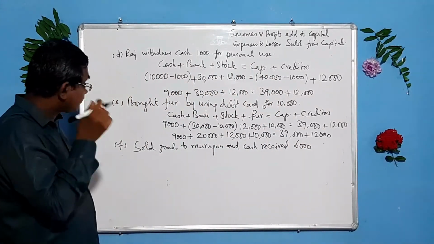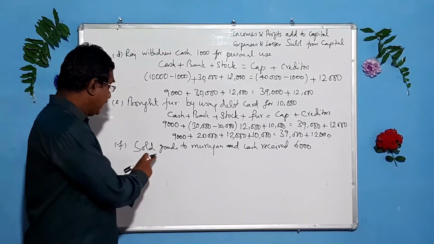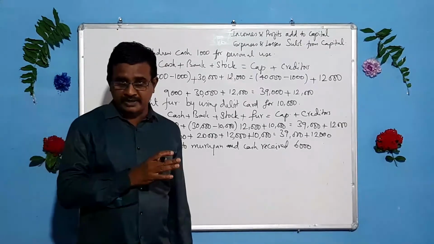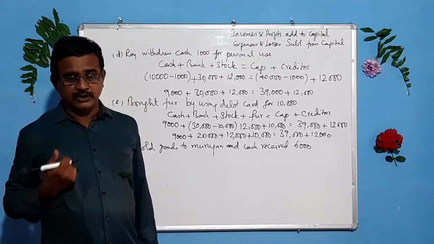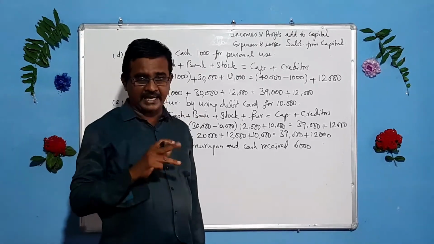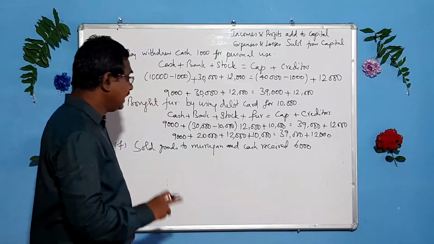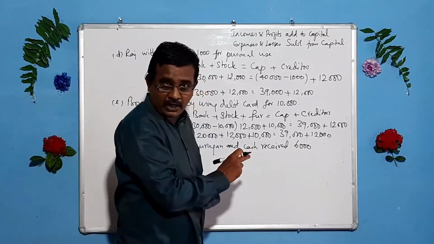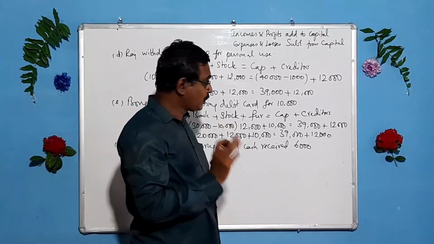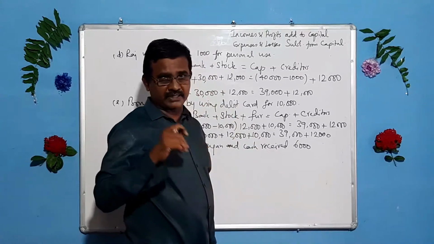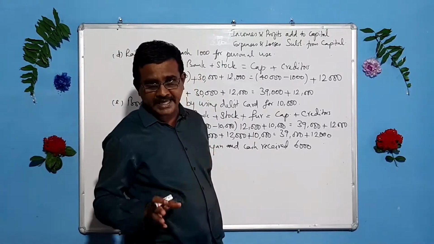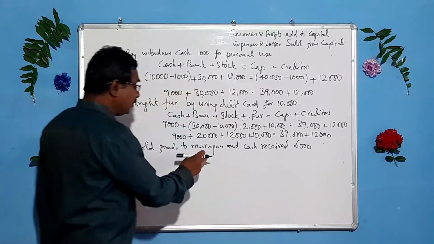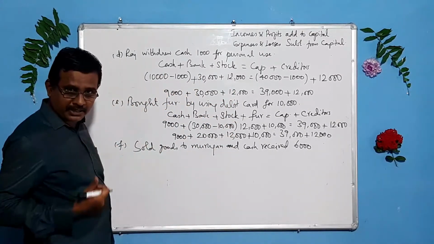See, here we have sold goods to Murugan. We need not worry about the person because we have received money from him. So we have got cash and we have sold goods. They have not given the value of the stock sold, so 6,000 worth of goods were sold for 6,000 alone. So there will not be any change in the capital. And from Murugan we have got money.